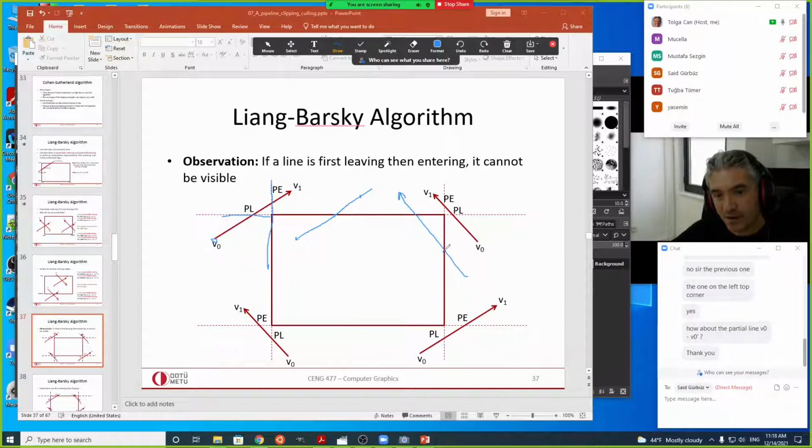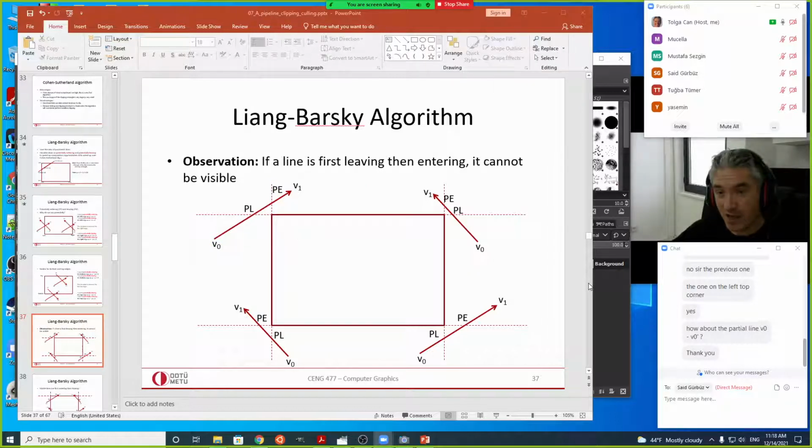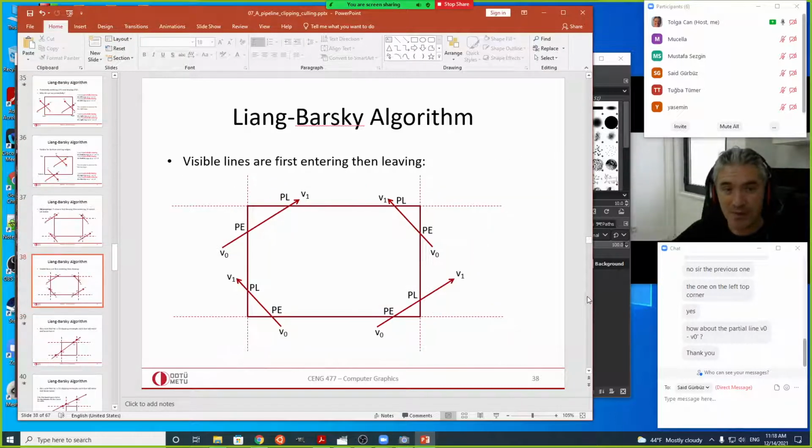For example, here we are first entering and then leaving, PE and PL. We don't have PL and PE here. So if you have a case where you're first potentially leaving then entering, the line is completely outside and can be trivially rejected. So that's one thing we can use these labels for.